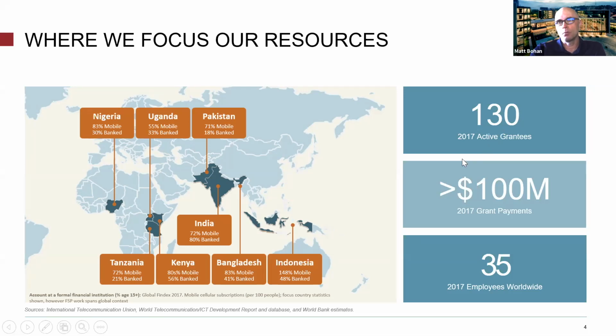We're paying out about $120 million a year or so, and we're a team of about 35. Our focus countries are in Africa: Nigeria, Uganda, Tanzania, and Kenya, and in South Asia: Pakistan, India, Bangladesh, and Indonesia.